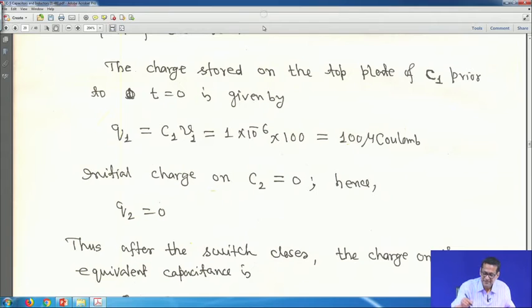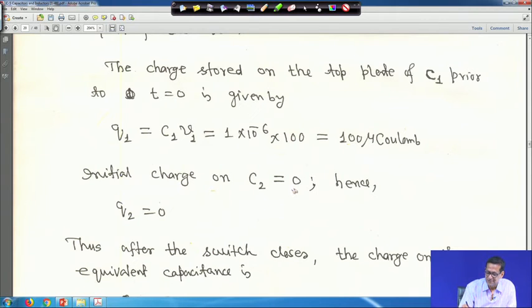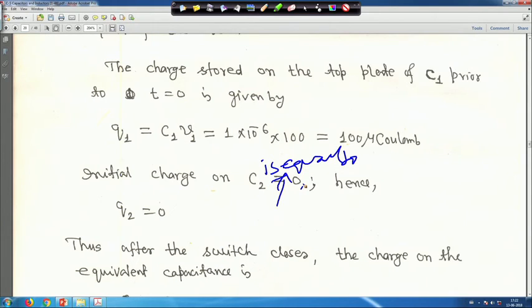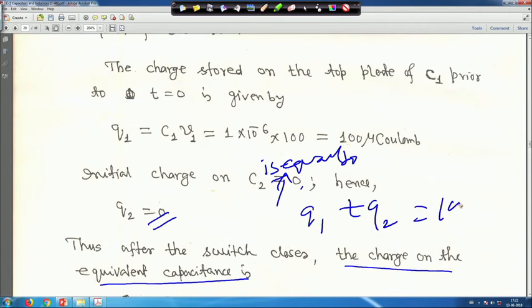I should not write C2 is equal to 0, better I write Q2 is equal to 0, otherwise it will carry a different meaning. Hence Q2 is equal to 0. Thus after the switch closes, the charge on the equivalent capacitance will be Q1 plus Q2, that is also 100 microcoulomb, right.